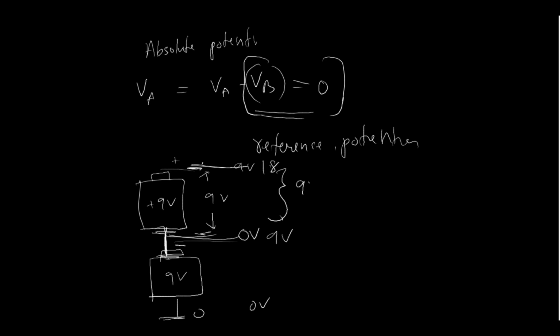But with 18 and 9, the difference is still 9 volt itself. So we can say that potential difference has no reference, but when you talk about absolute potential, we have to consider a reference point, which is the second point that we assume to be voltage equal to 0. So if this is 0, this will be 9 volt, and this will be minus 9 volt. So we can take any point as a reference point.